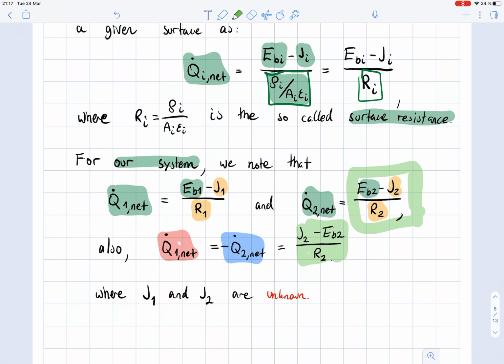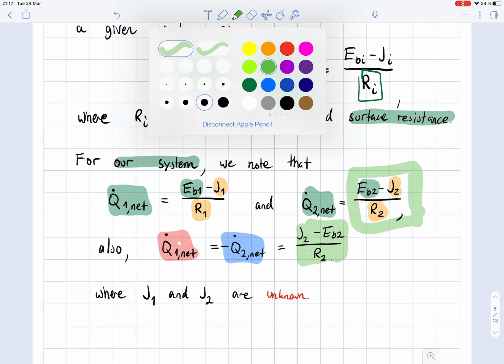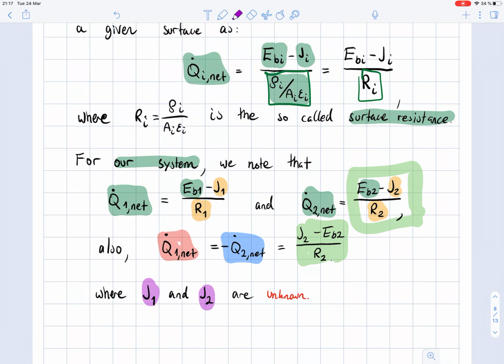And of course, what is important to note here is that J1 and J2 are unknown. That is because they depend not only upon the temperatures, but also upon the reflectivity, thereby giving a portion of reflected radiation coming from the surrounding surfaces. So these are still unknown functions.